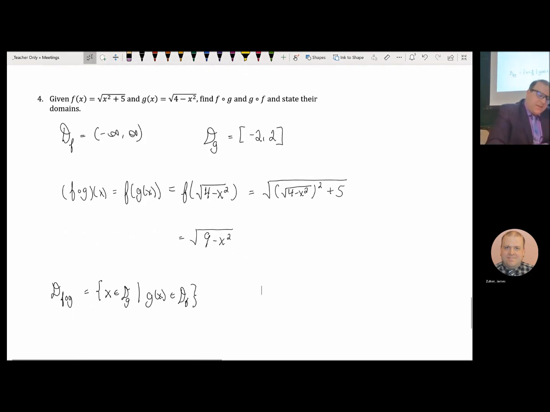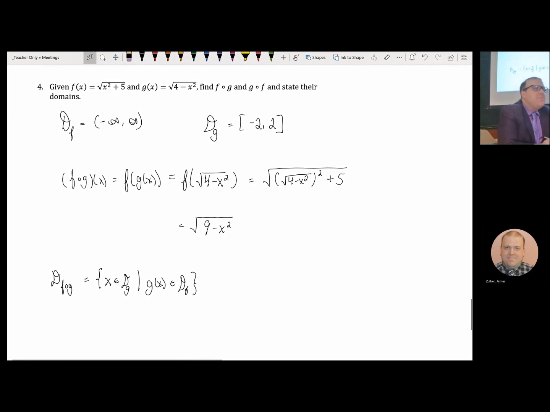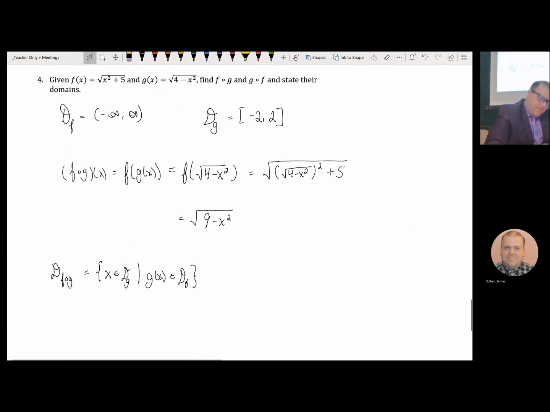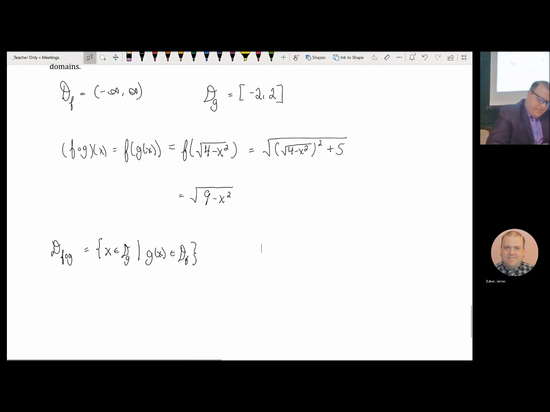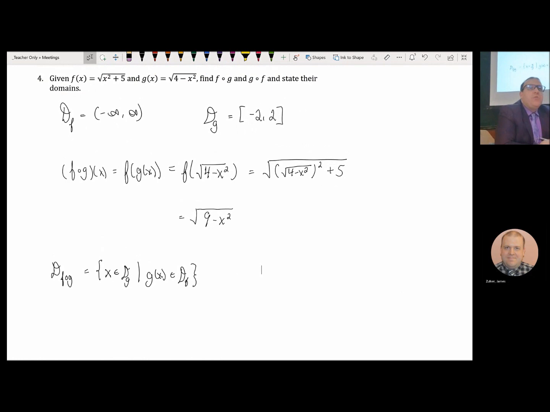So elements in the domain of G, -2 to +2. We want G of x to be a real number, right? Because that's what the domain of F is. Doesn't every value between -2 and 2 make G of x a real number?